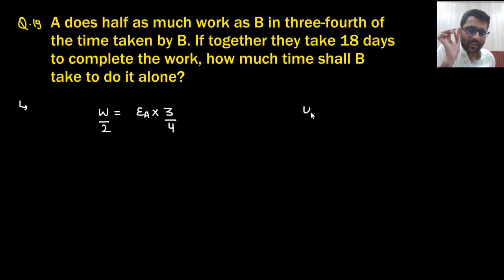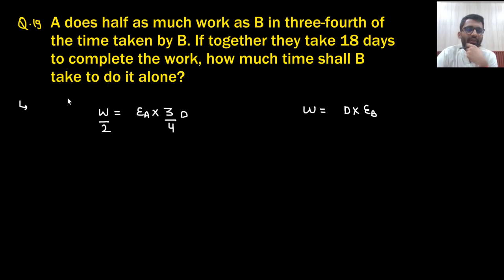Let's say B takes D days to do the complete work. So A will take 3/4 D days, but it will do only half the work.